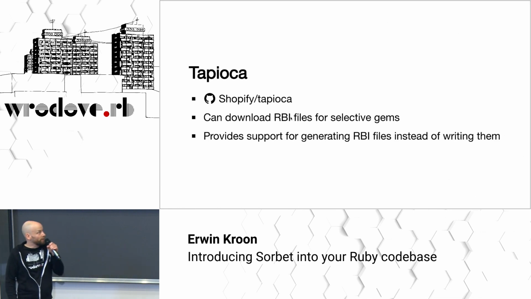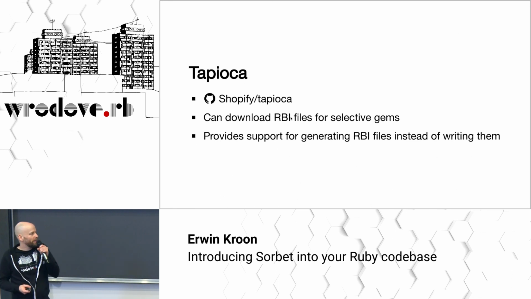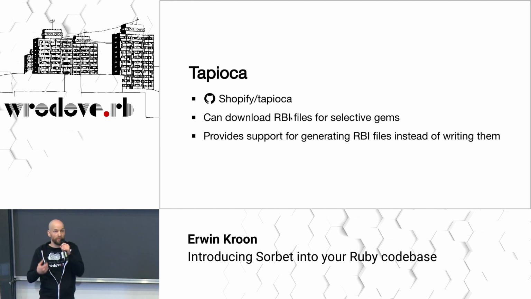So then we have Tapioca. This is made by Shopify. What Tapioca does is it is a replacement for some RBI generation feature, or maybe downloading feature, that was normally in Sorbet itself, but now it's external, like a CLI application.